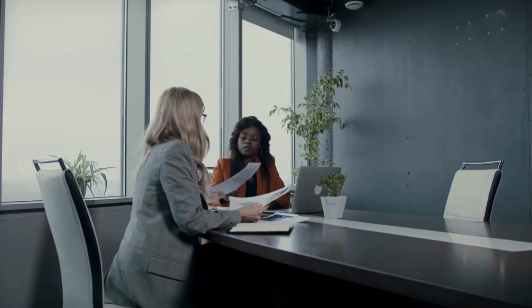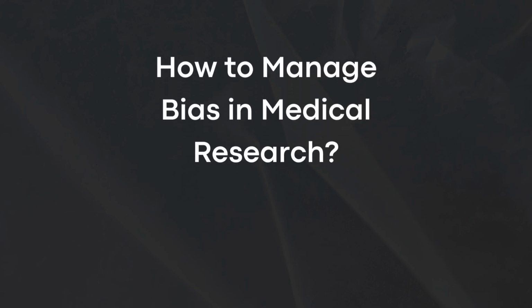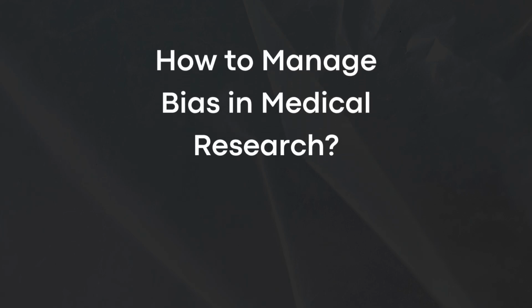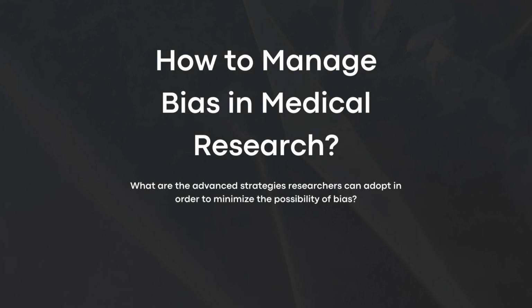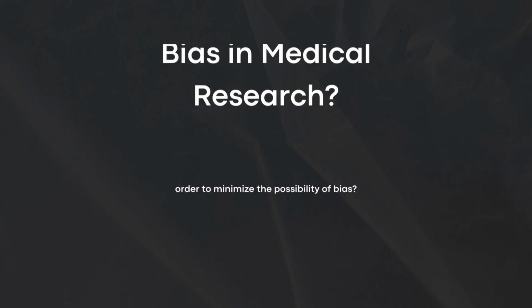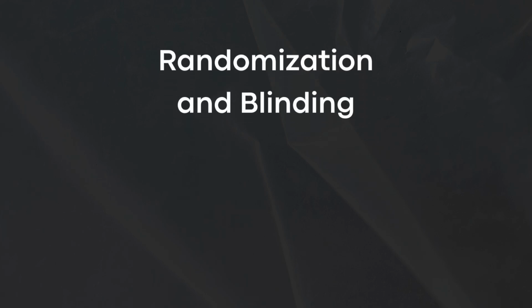Another important question that we need to answer is how to manage bias in medical research. What are the advanced strategies that researchers can adopt in order to minimize the possibility of bias? The first and most important is randomization and blinding.